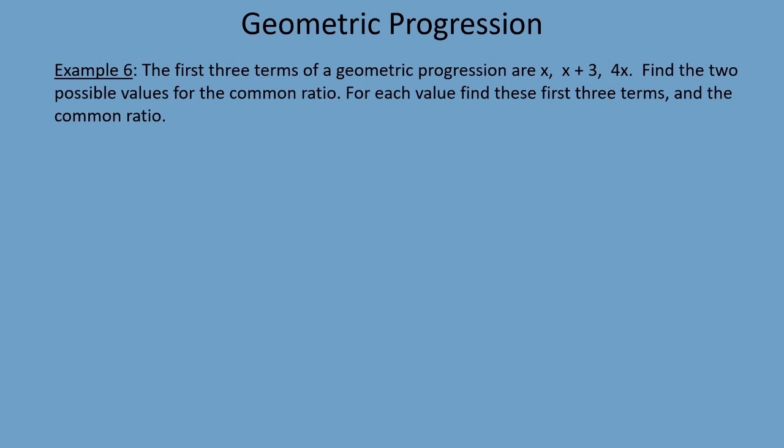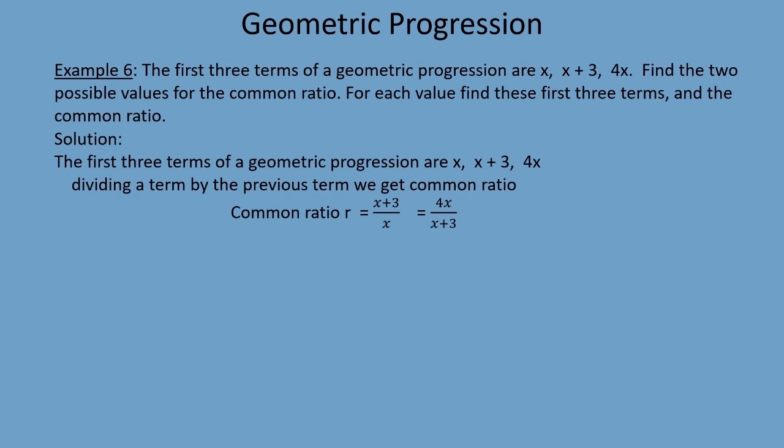Solution. The first three terms of a geometric progression are x, x plus 3, 4x. Dividing a term by the previous term, we get the common ratio. Common ratio r is equal to (x plus 3) by x is equal to 4x by (x plus 3). So x plus 3 into x plus 3 is equal to 4x into x, which gives x square plus 6x plus 9 is equal to 4x square.